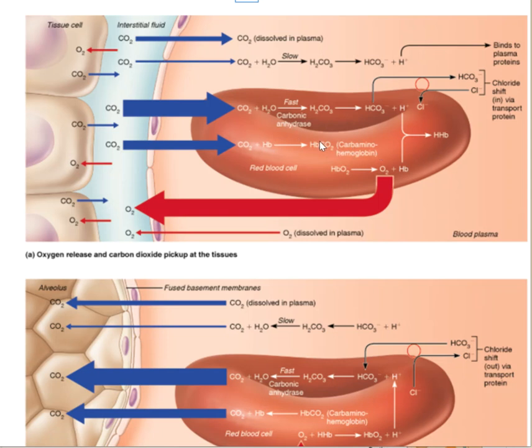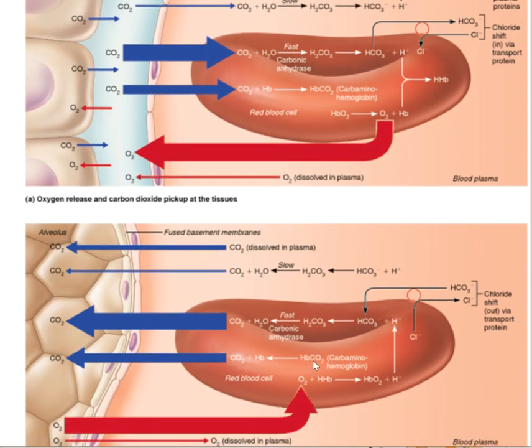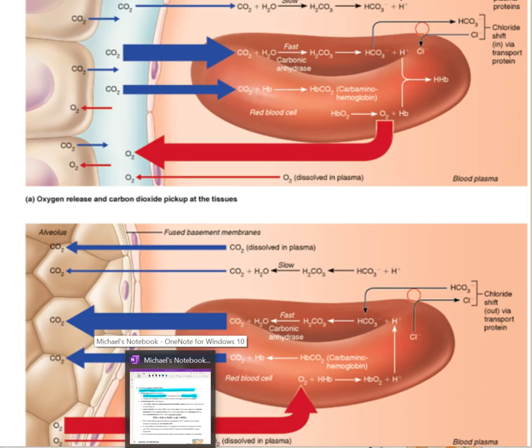And it will float around in the red blood cell, and it will get to the alveoli, and it will dissociate because of pressure differences. Low carbon dioxide here, high carbon dioxide here. It'll dissociate off. And now that hemoglobin can be used by oxygen. Okay? So that is the second way.